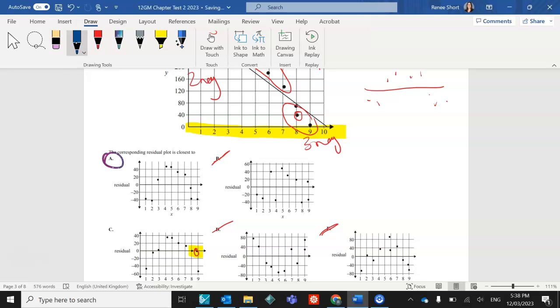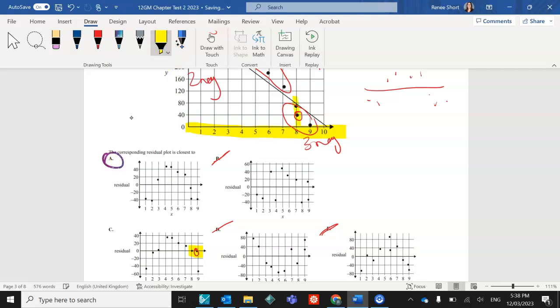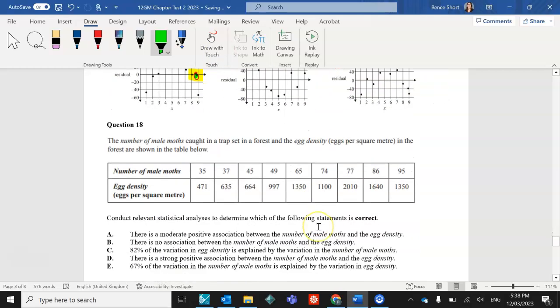I could also be a bit more precise and check the fact that both of these values here are effectively on the 8 line, so they should both be on that 8 line there. That this one shouldn't have moved across. So again, that's why A is the best answer there.